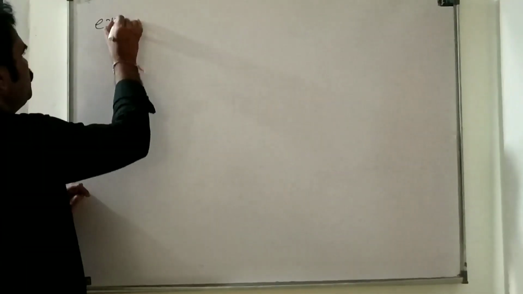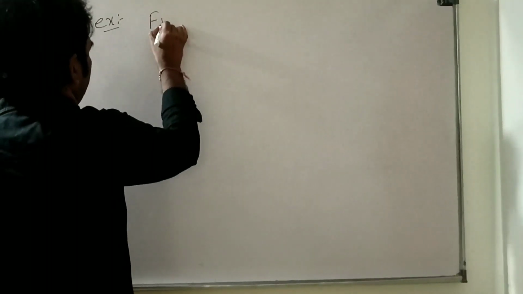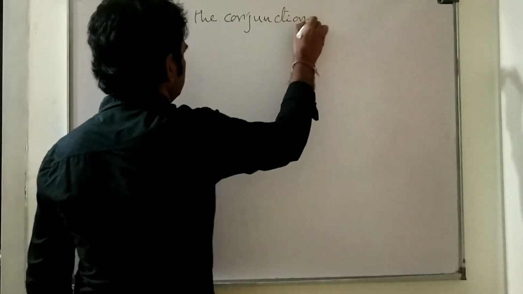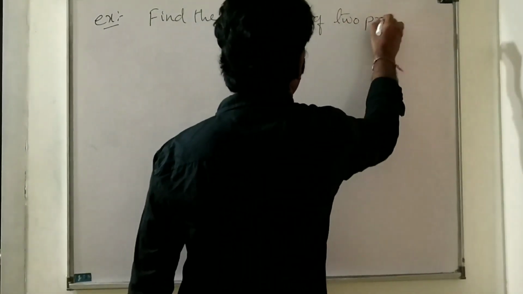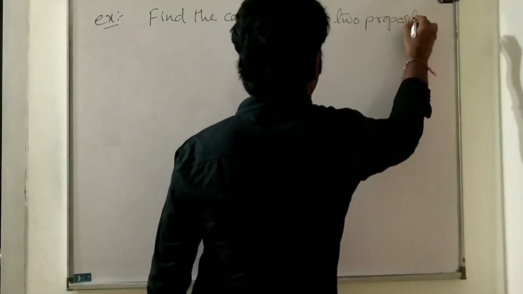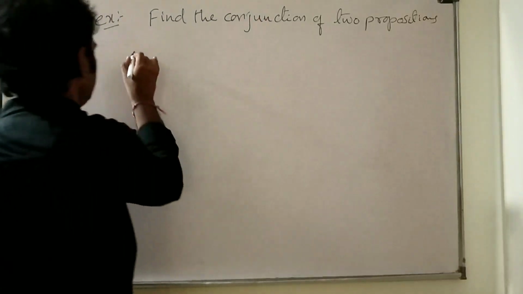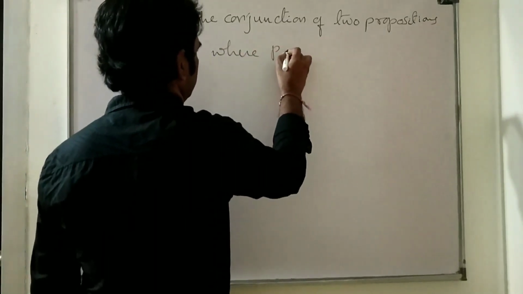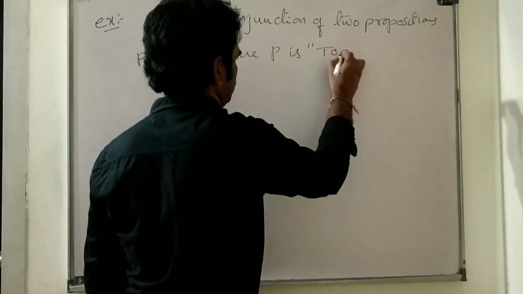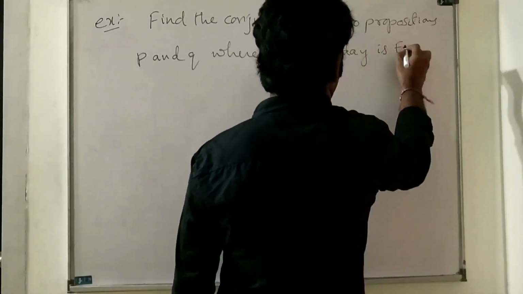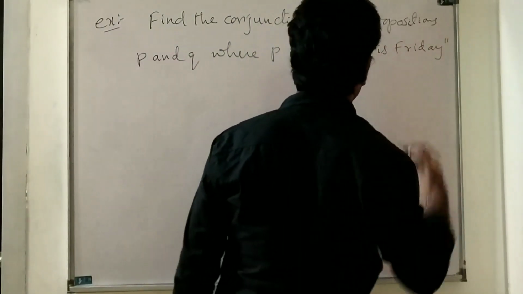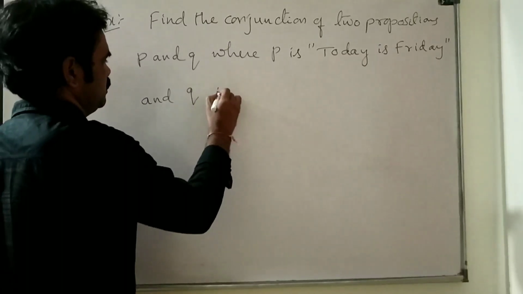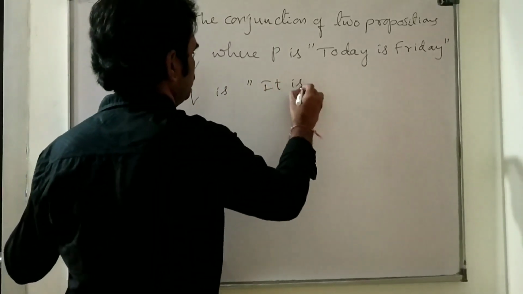See an example for conjunction. Find the conjunction of two propositions P and Q, where P is today is Friday, and Q is the proposition it is raining today.